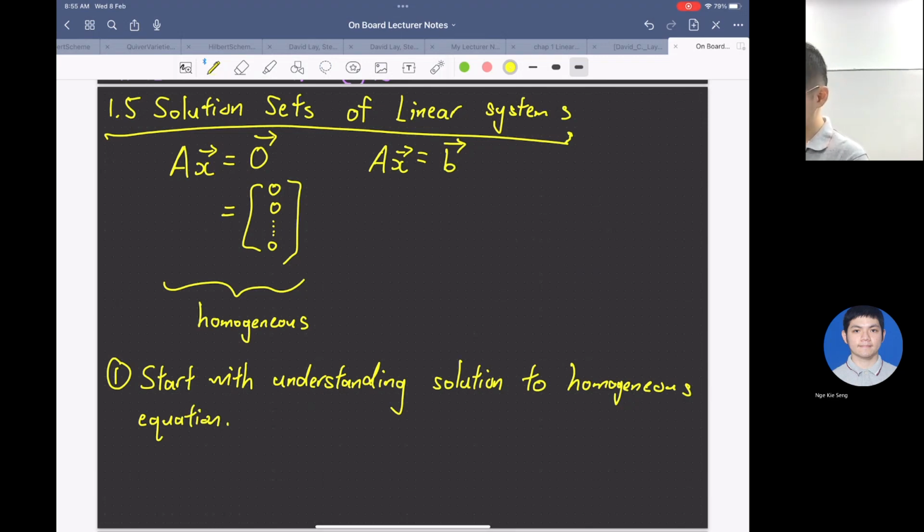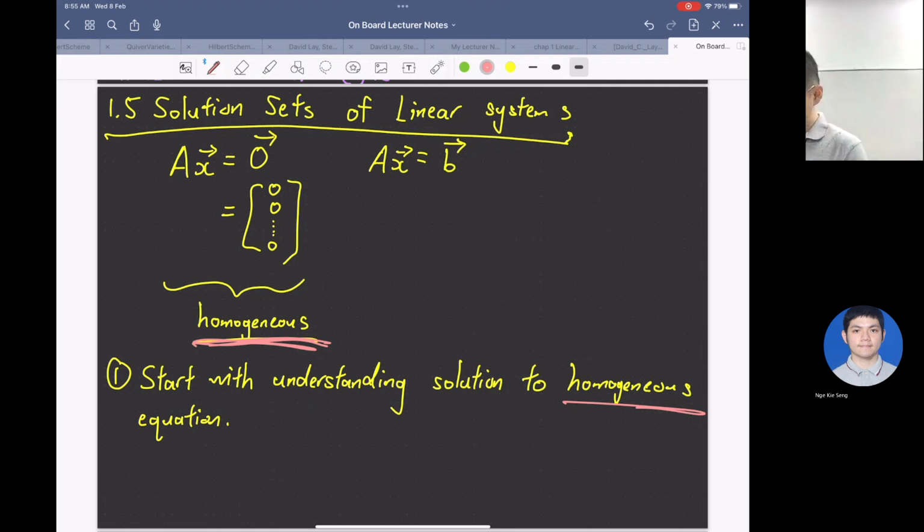You might wonder why we want to introduce so many words. It is so that you don't need to say every time, I want to check Ax equals 0, or Ay equals 0, or By equals 0. You just say, I want to check the homogeneous equation. One word can include many meanings.